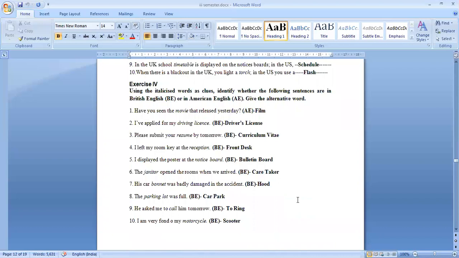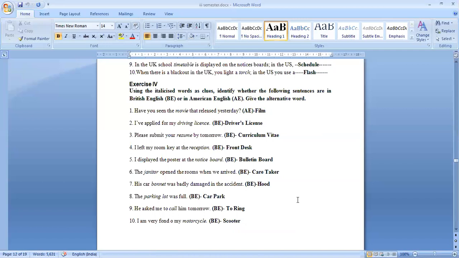In exercise number 4, using the italicized words as clues, identify whether the following sentences are in British English, BE, or American English, AE, and give the alternate one. So 10 sentences are given.